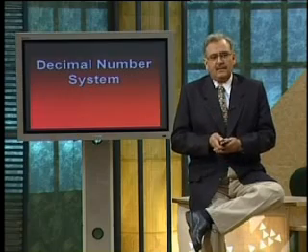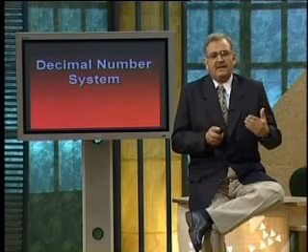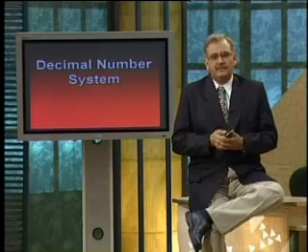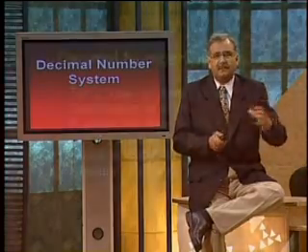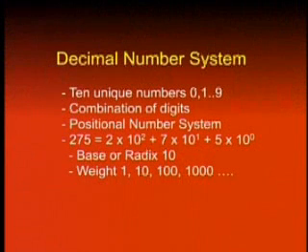Let's have a look at how we can represent these decimal numbers in the form of their weights and base number. The number 275 can be written as 2 into 10 power 2 plus 7 into 10 power 1 plus 5 into 10 power 0.